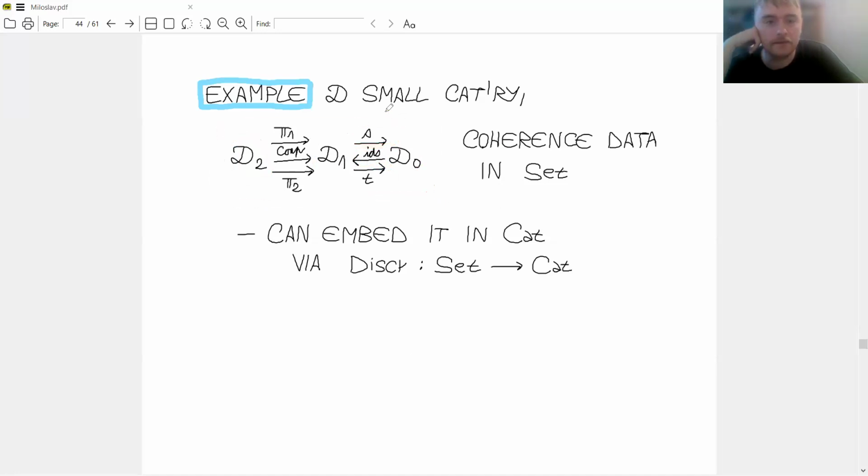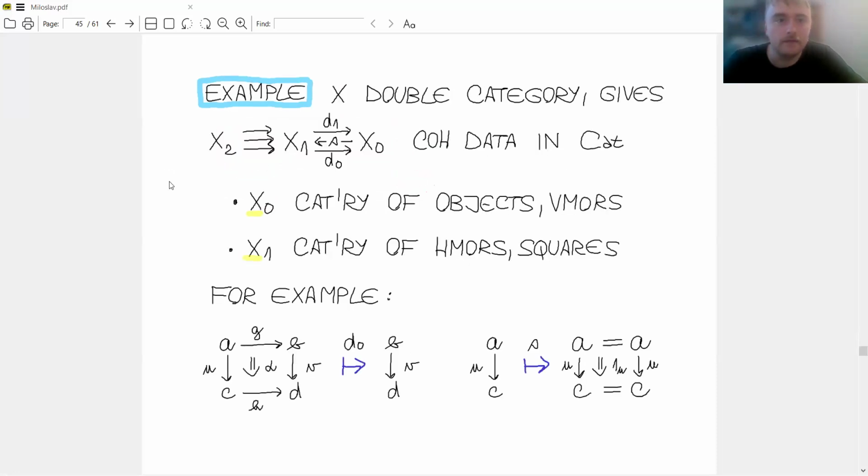So this is the diagram of sets, but we can embed it in categories if we regard each of these as a discrete category. Another example, which is the key example, is if X is a double category, it gives you coherence data in Cat.